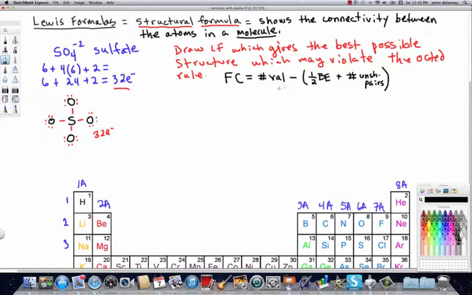All right, and what we're looking for here is a formal charge, if possible, of 0 on all the atoms that are in a particular structure. And when the formal charge cannot be 0, let's say it's a negative charge, then we want our negative charge to be on the most electronegative atom that's in the formula.